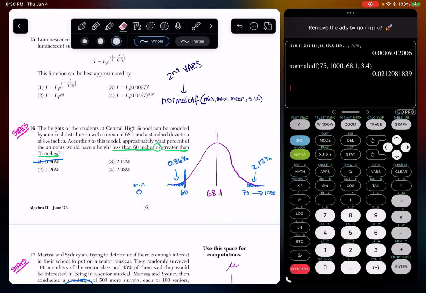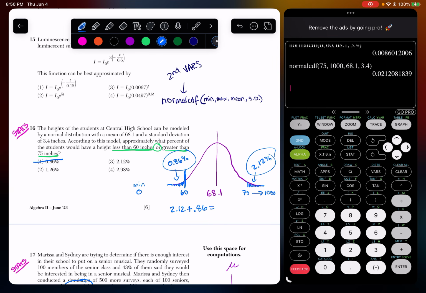To get them combined, I'm just going to add those together. Not every question will give you 2 intervals. This is a kind of spicy one because they give you 2 intervals. An easier question would have just said what percent are below 60, and then you only have to do 1 interval.